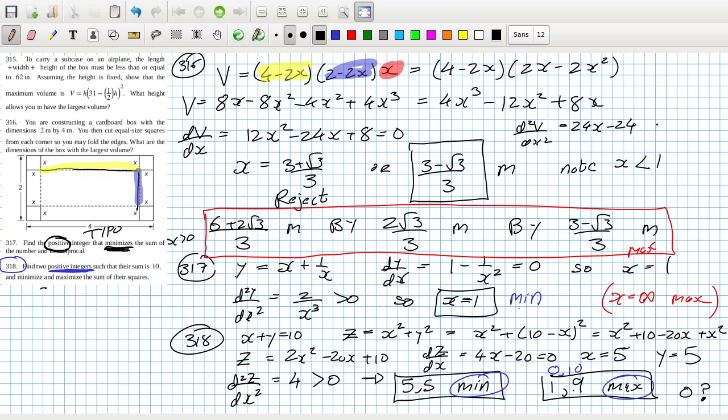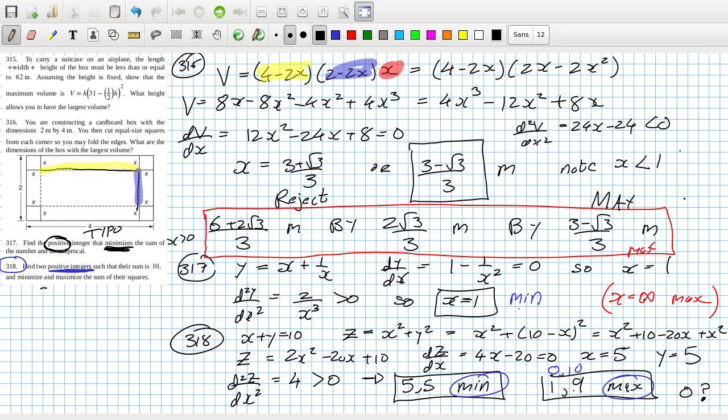Oh, but I typed the wrong thing in. Yeah, it's a negative then. So that makes it a max then, yeah.